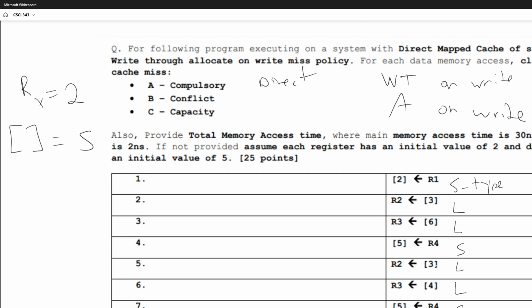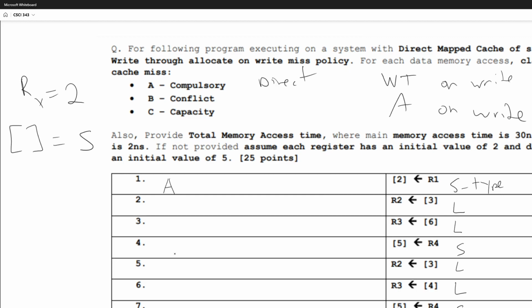Okay, so definitely the first line of code, if the cache is empty, this is going to be a compulsory miss. We're going to allocate on write miss.